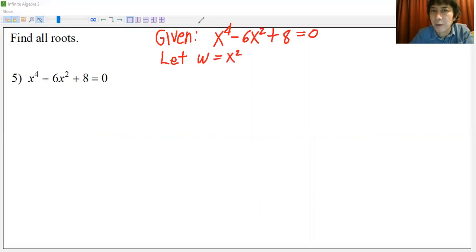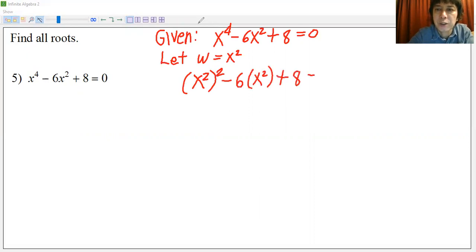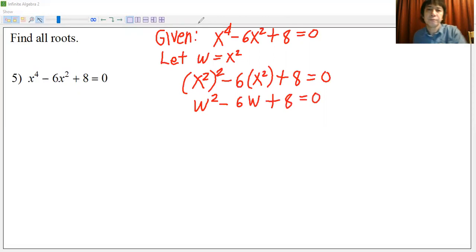And then we will rewrite our given equation starting with x to the 4th, which is equivalent to x squared squared, that's x to the 4th, minus 6x squared plus 8 is equal to 0. Using now the w, this is now w squared minus 6w plus 8 is equal to 0.